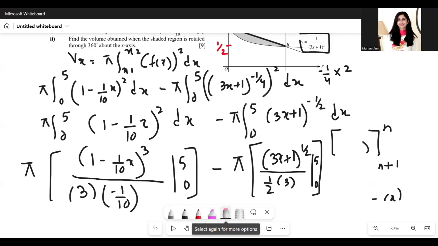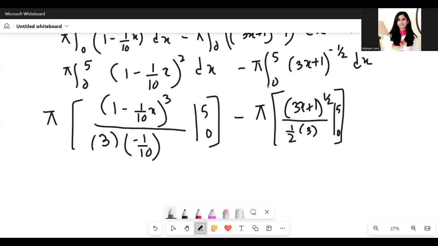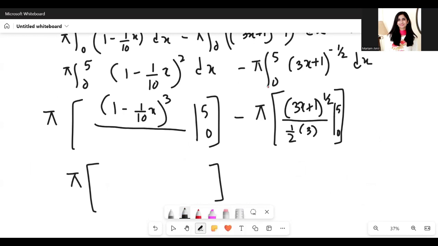Okay, now let's substitute the values. For the first one, I'm writing pi outside. In fact, I'm also going to bring out the coefficients. This is minus 3 upon 10 in the denominator, which can be written as 10 upon minus 3.